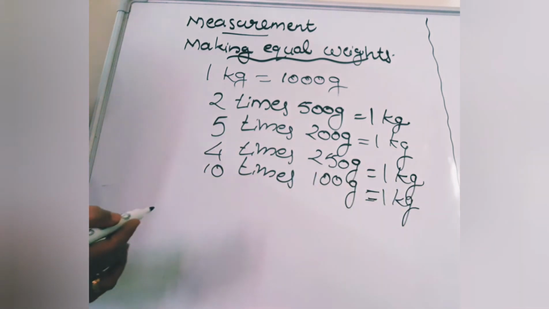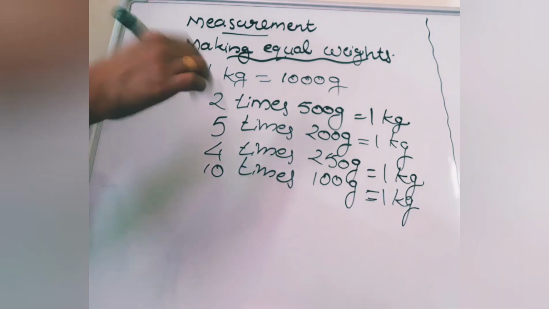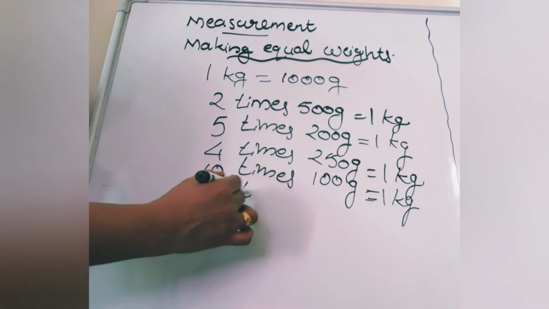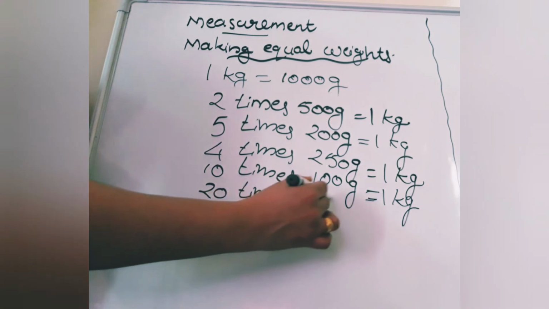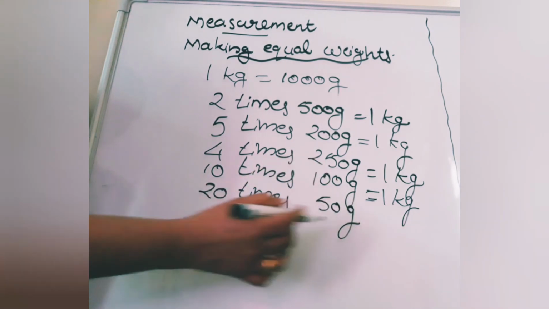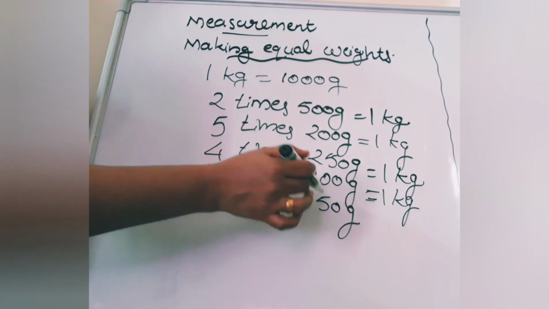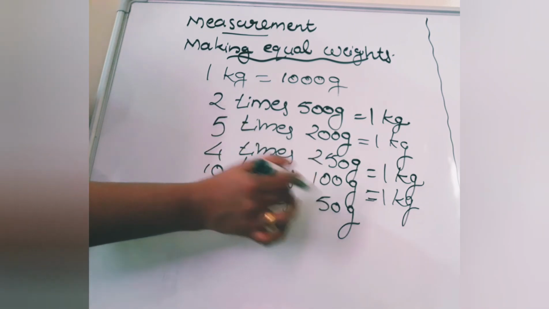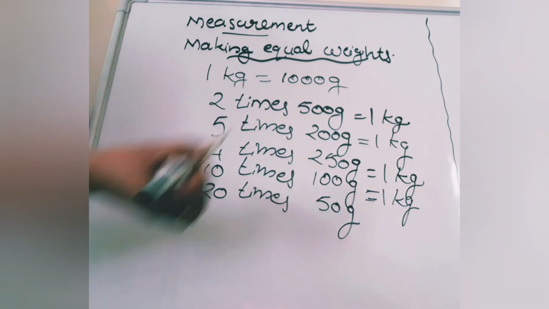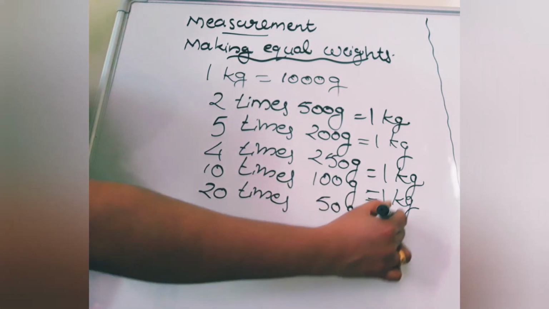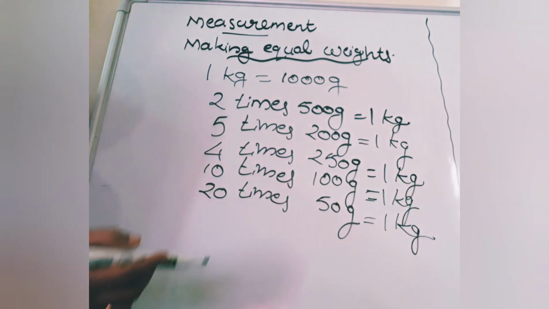Now one more is there, 20 times 50 gram. 20 times 50 gram, you can remember like this also. 10 times 100 gram, and 100's half is 50, so 10's double you have to take. That may be tough for you to remember. Anyway, keep this in mind: 20 times 50 gram is equal to 1 kg.